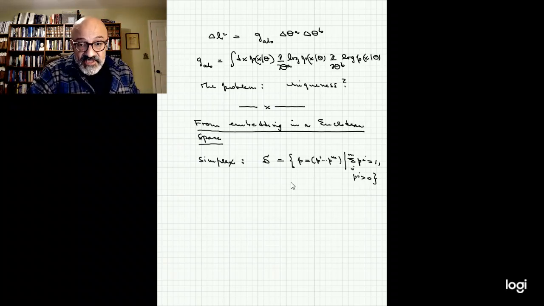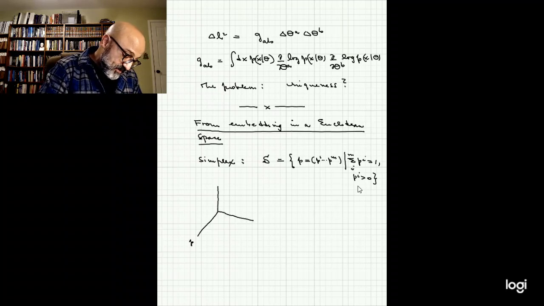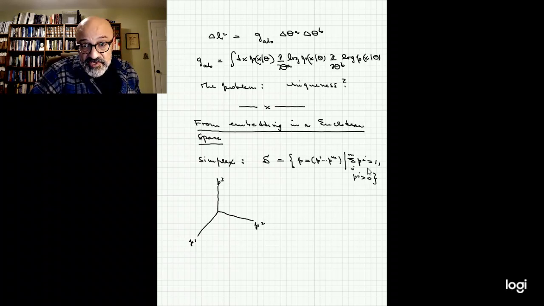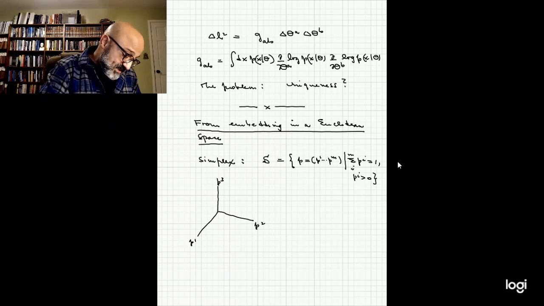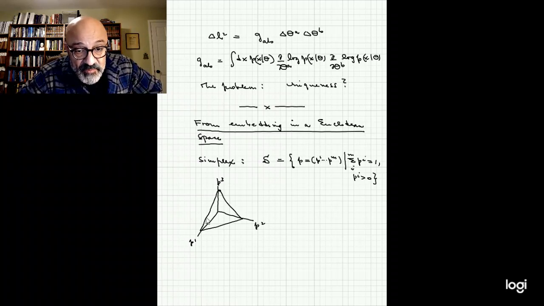So this space is called the simplex, and if we were to write it for the three-sided die, p1, p2, p3, this space in which the probabilities are normalized to 1 is going to look like a plane like so, where here the probability p1 is equal to 1.